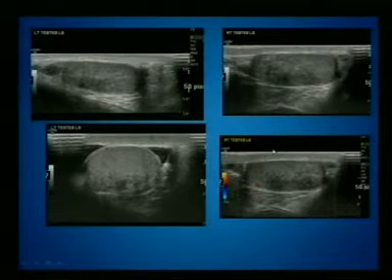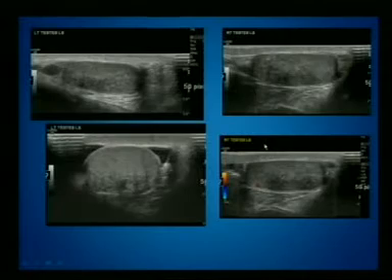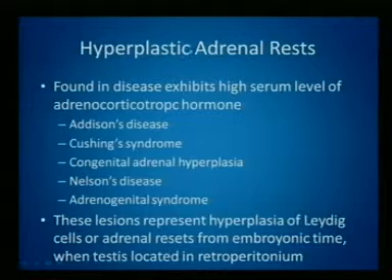This patient with congenital hyperplasia was given corticosteroid, and the diagnosis is hyperplastic adrenal cysts. This can be seen with high level of adrenocorticotropic hormone associated with Addison disease, Cushing syndrome, congenital adrenal hyperplasia, Nelson syndrome.